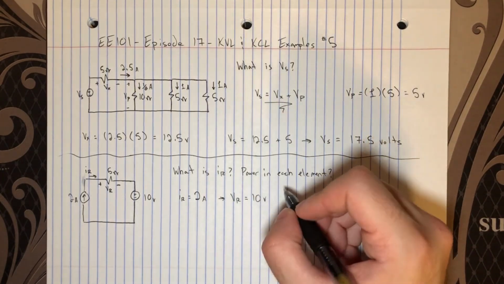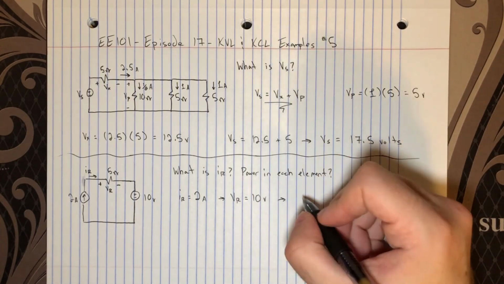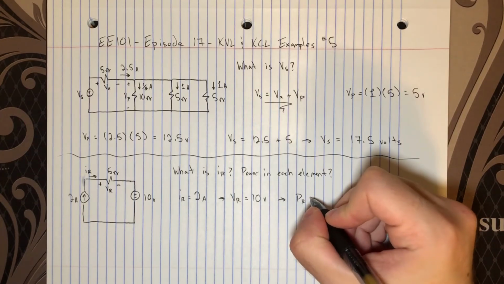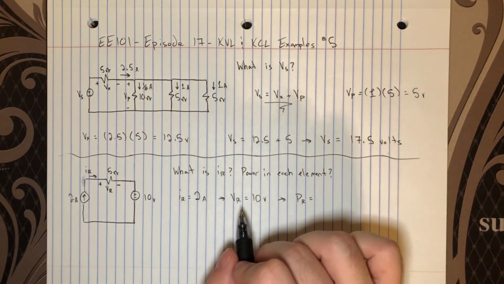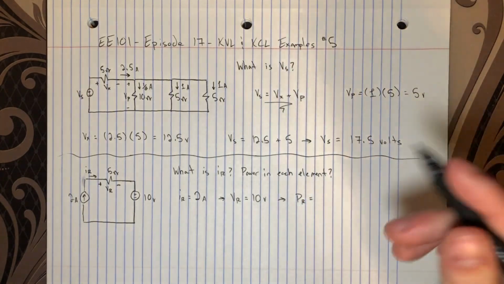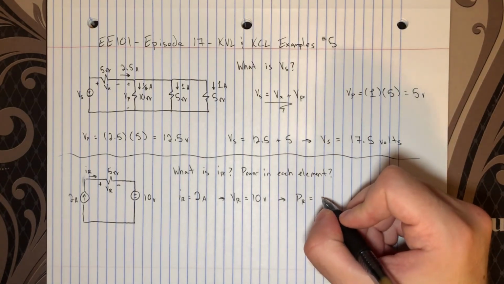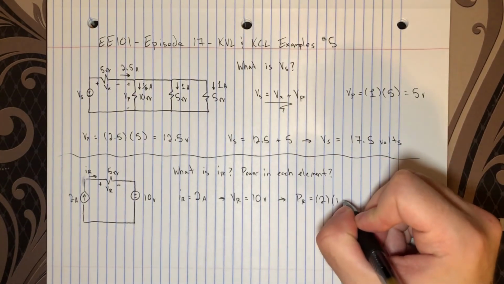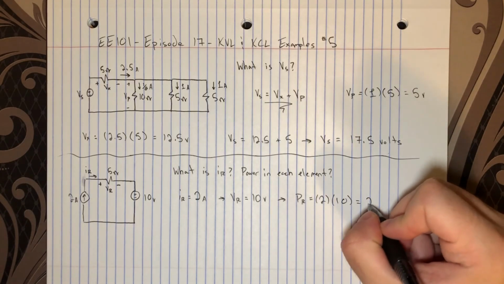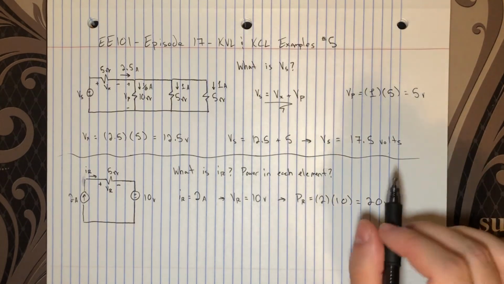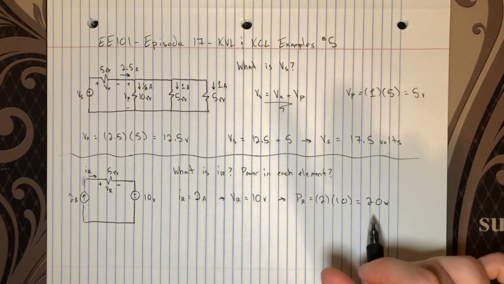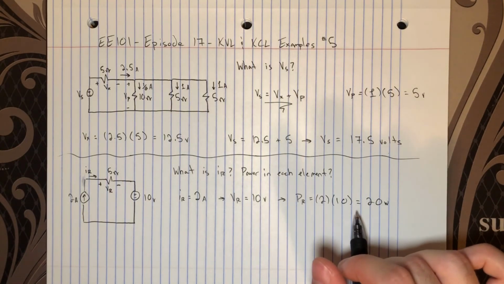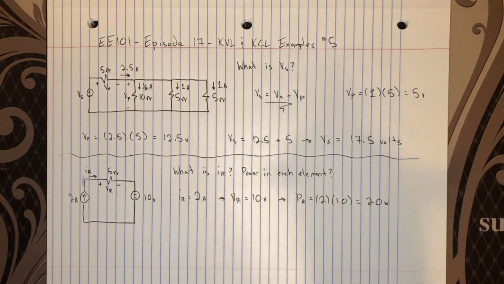Now let's say the power in the resistor, remember PR will be IR times VR, P just equals IV. So PR is 2 amps times 10 volts equals 20 watts, and I'm writing this as a positive number because I know there is power being consumed in the resistance.